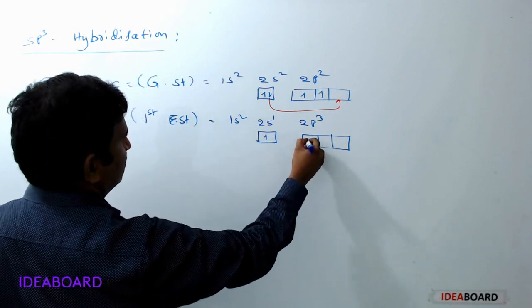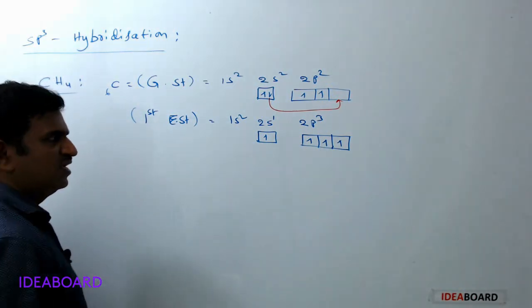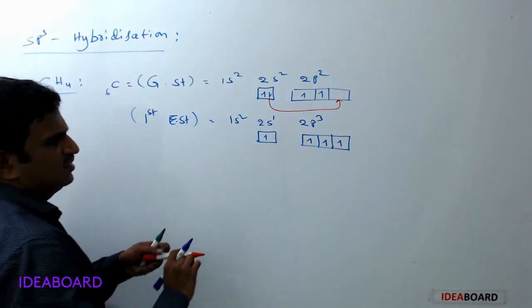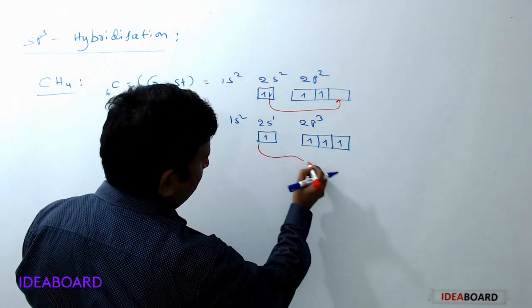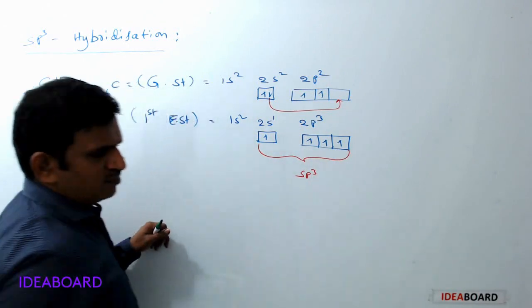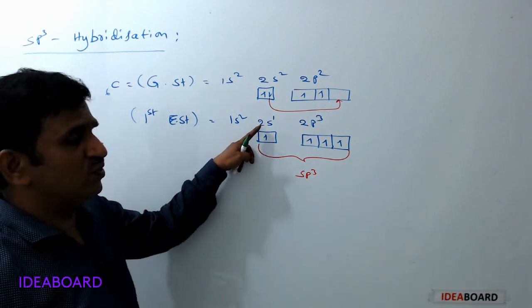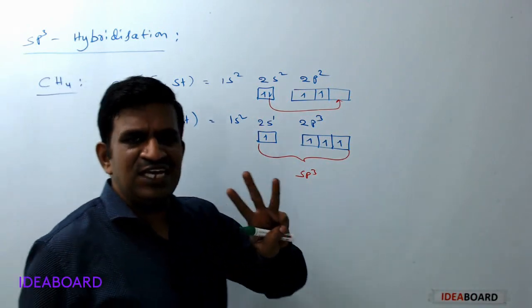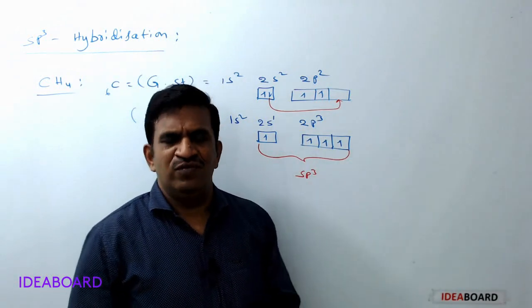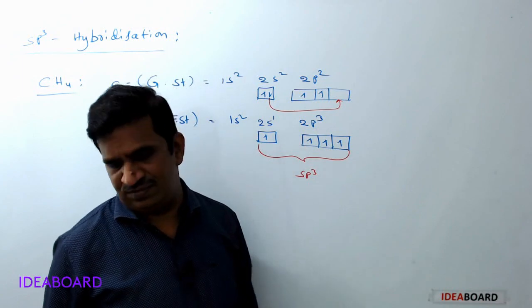Here 1 electron, here 1, here 1, here 1. So all orbitals have a single electron. In this first excited state, these undergo sp3 hybridization. Means what? 1 s orbital, the 2s orbital, and 3 p orbitals are required: 2px, 2py, 2pz.